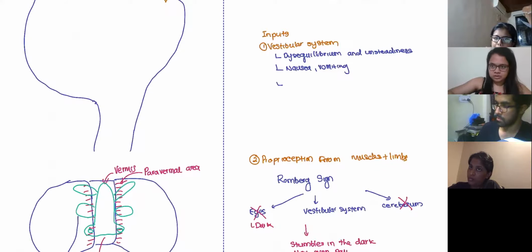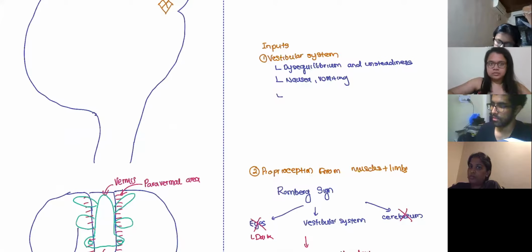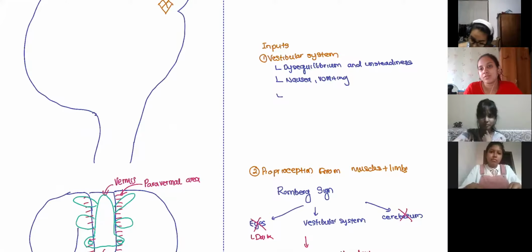And guys, where does alcohol affect? Is it the cerebellum or is it the vestibular system? Can someone tell me? Where does the alcohol go and mix with the fluid? Cerebellum. It actually affects the vestibular system.